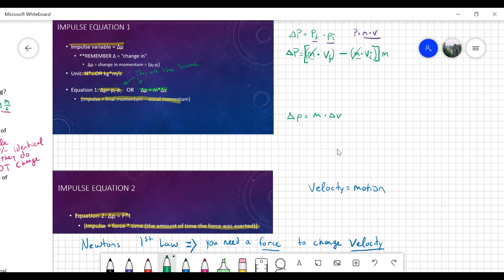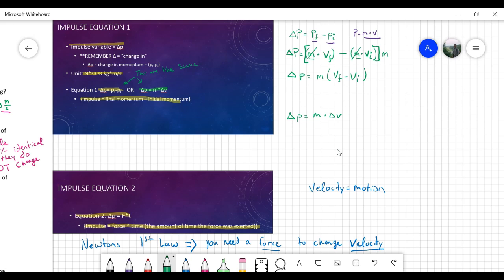And so if you clean up this expression, like you get rid of some of this extra gunk in there, it would look like this. Okay? Delta P equals mass times Vf minus Vi.